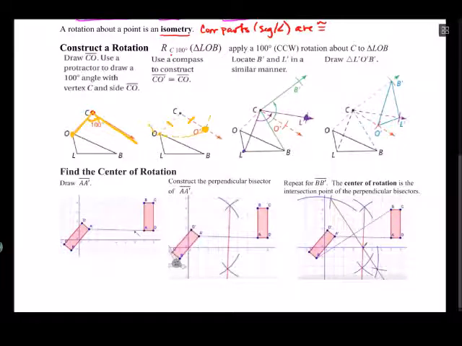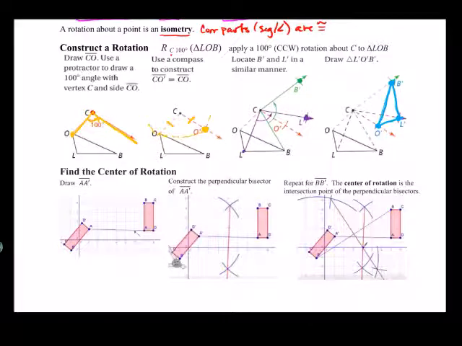There's L prime. We do the same thing for point B. Draw segment CB, use your protractor to measure a 100-degree angle, and use your compass to find point B prime. And then when we have finished, we have O prime, L prime, and B prime, and we have constructed the image of triangle LOB. So that's not too bad.